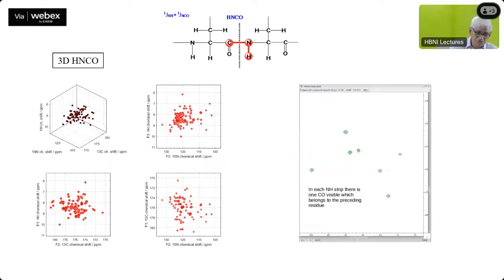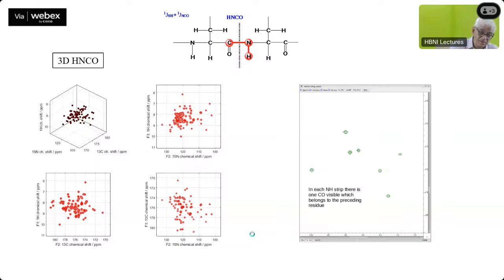You can take projections on the different planes, on the different axes, and you get different kinds of two-dimensional information. Here it is a proton C13 chemical shift correlation, because you have taken a projection on the nitrogen axis. And here you have the C13 nitrogen 15 correlation, because you take a projection down the proton axis.